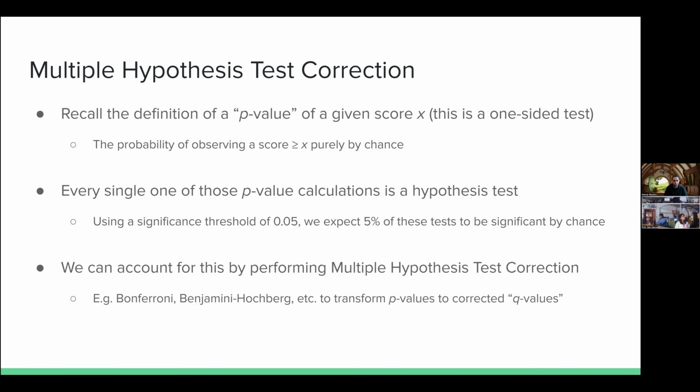There's a type of correction called Bonferroni correction, a type called Benjamini-Hochberg correction, et cetera, that can transform your raw p-values into corrected values, which we typically call q-values. And these are all implemented in the Python code as well. So nothing too fancy here, but basically you would run one of these hypothesis test correction techniques that you think is appropriate, and then use those q-values instead of p-values to determine significance.